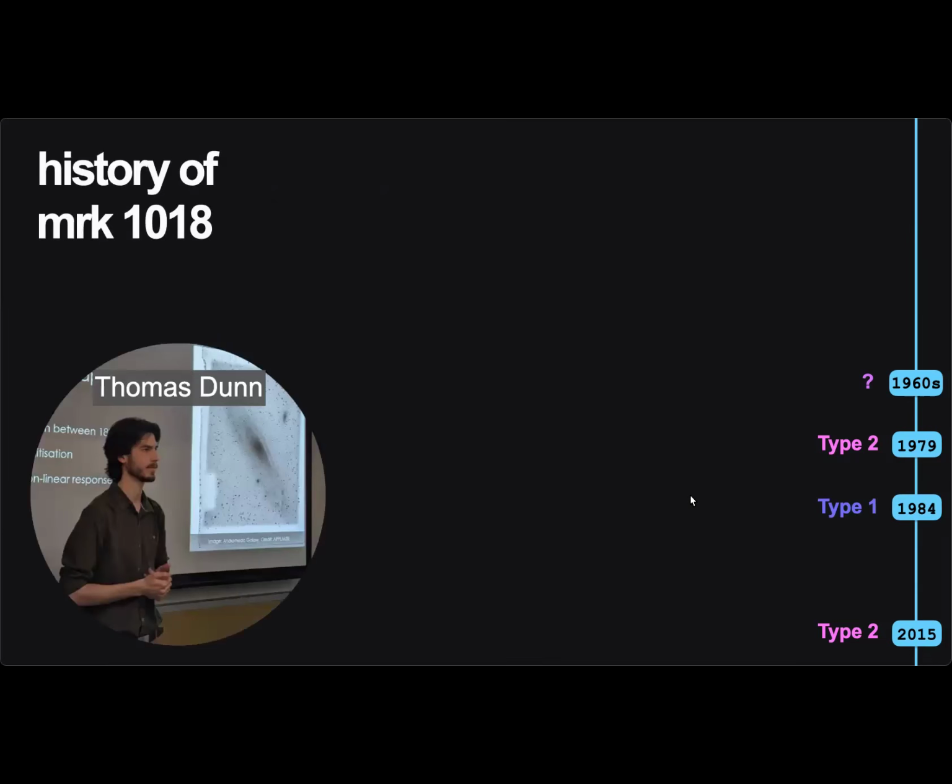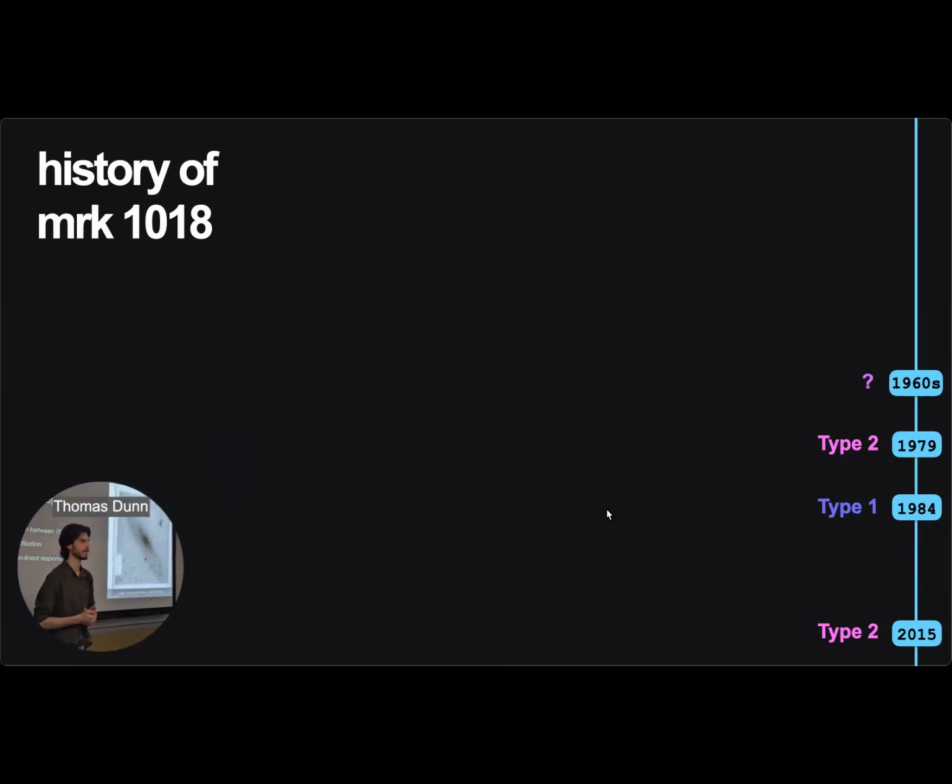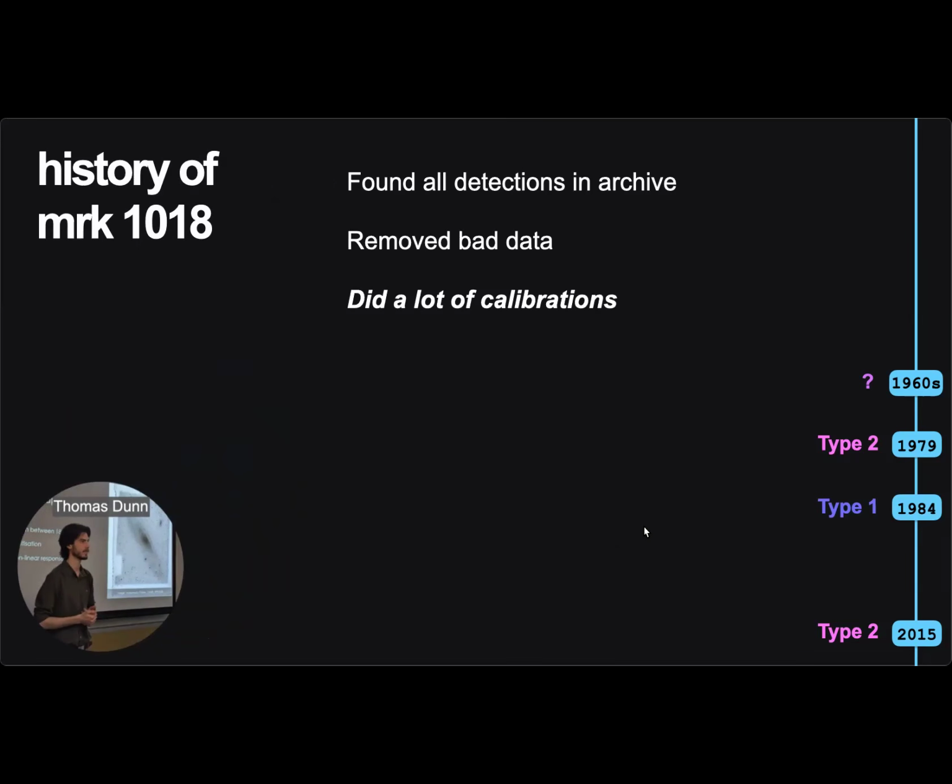And so this is where the work of my PhD student Thomas, who is lurking online somewhere, comes in. Pictured here with one of the DASCH plates of Andromeda. He went through and found all of the detections of Markarian 1018 in the DASCH archive and many other archives, but we'll perhaps revisit that at some point in the future. He went through and removed all the bad data, learning all sorts of interesting things, and did an enormous amount of calibrations.